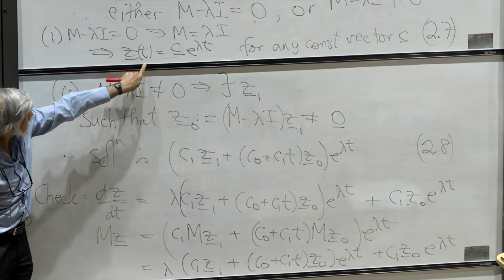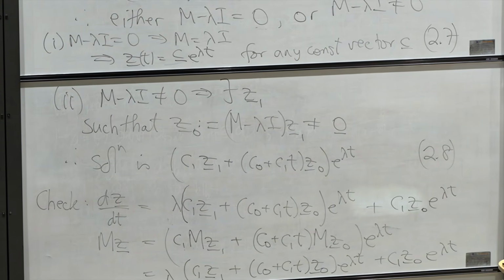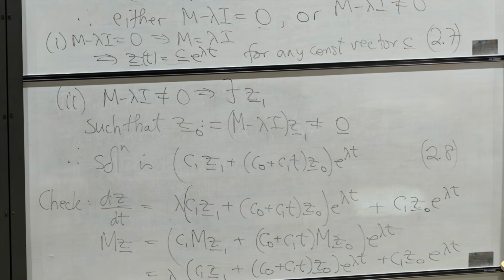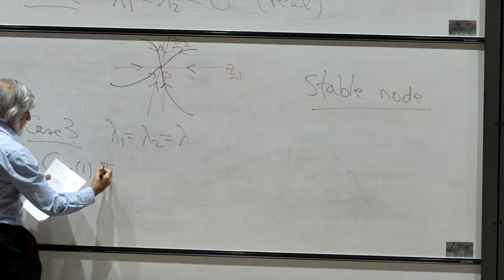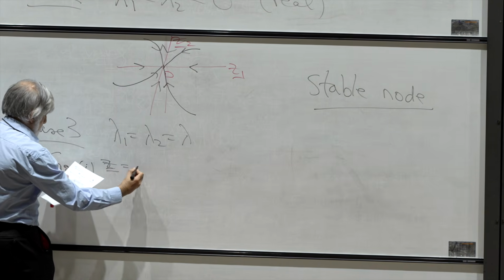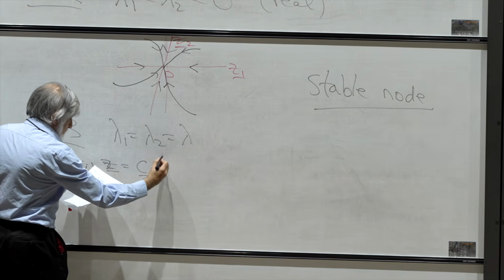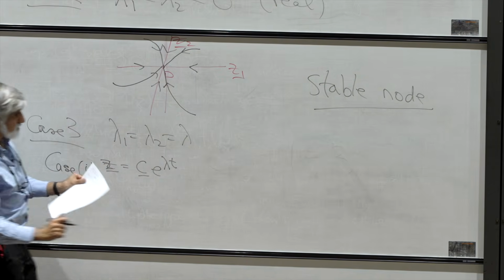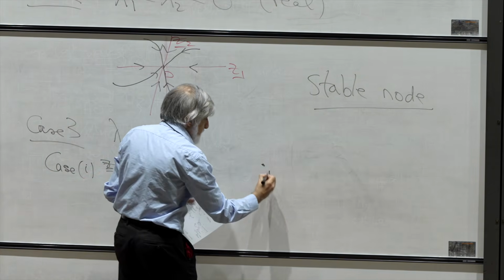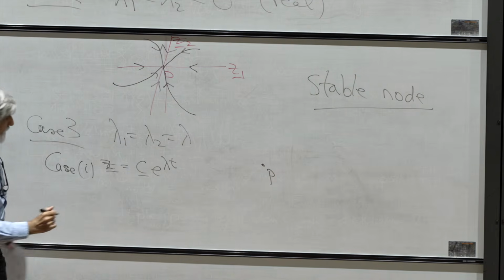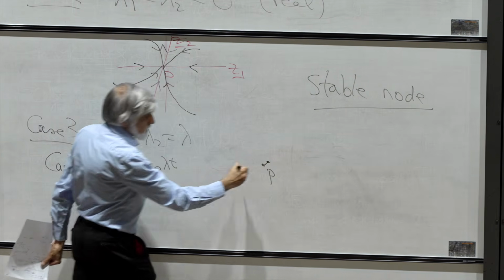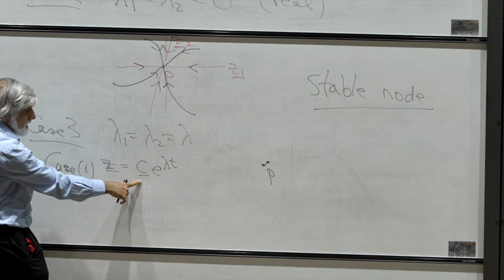We had this case here, that we called case I. It's Z is equal to C e to the lambda t, where C can be anything. So there's my point P, and I start off here. It means I've been given some C here.